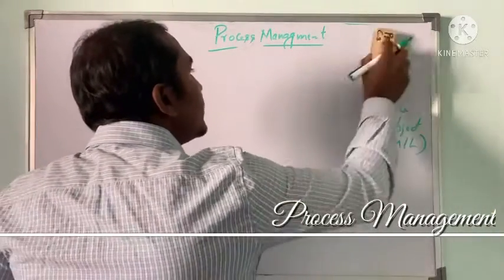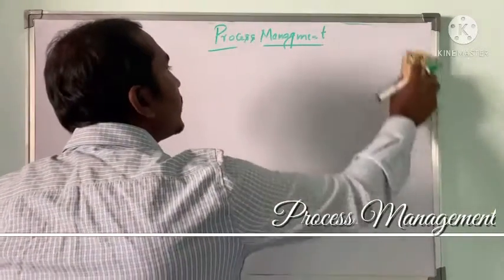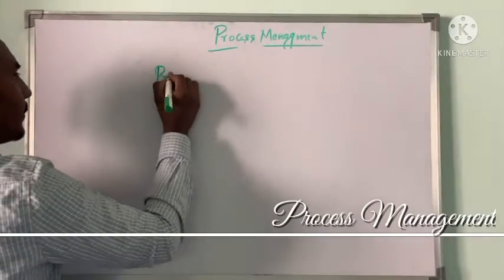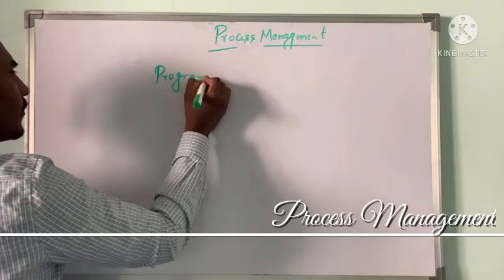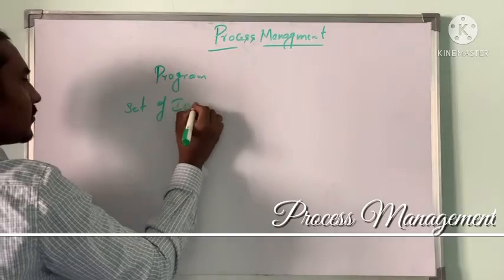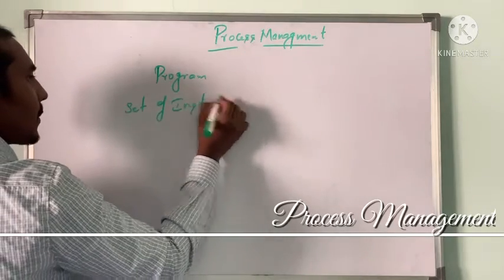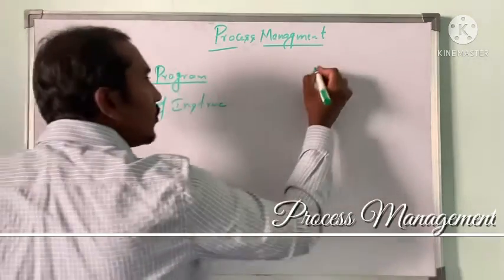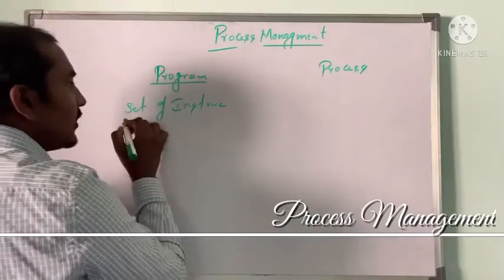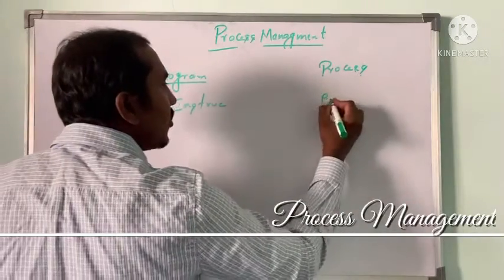Now we'll see what the differences are between a process and a program. When you say program, a program is a set of instructions. Next, what is a process? A process is when these set of instructions are under execution.